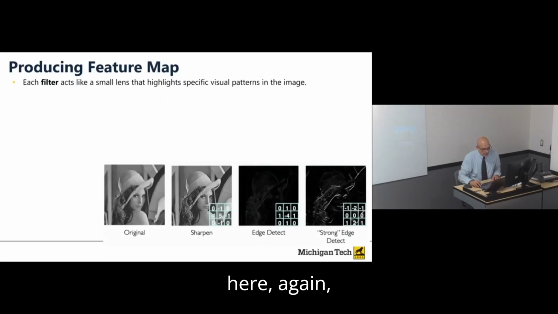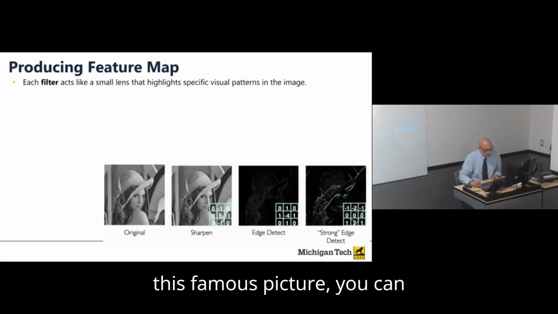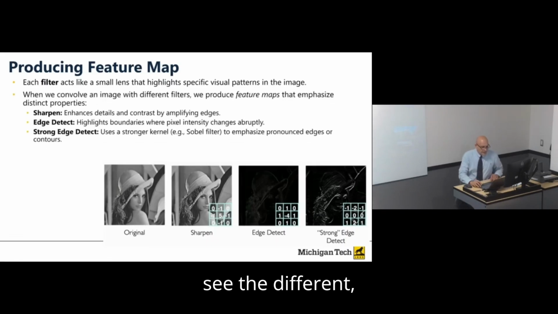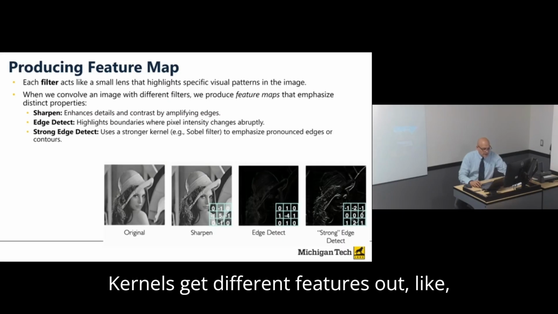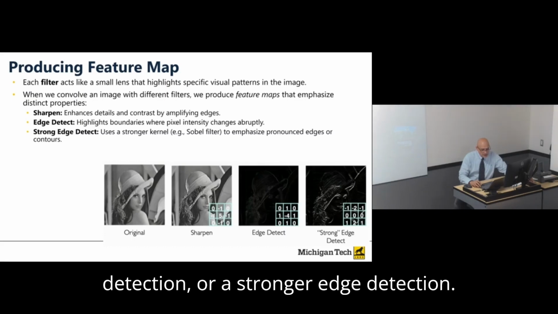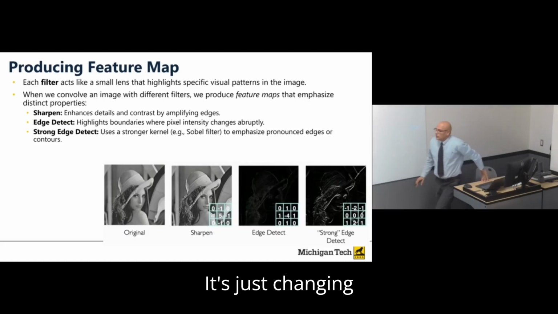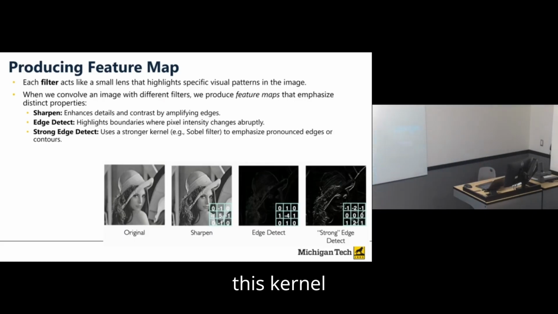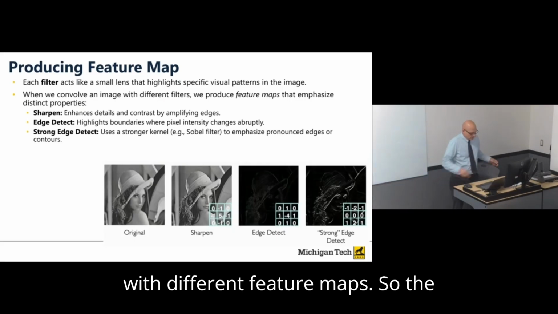Here again is this famous picture. You can see different kernels get different features out, like a sharpener or edge detection or a stronger edge detection. It's just changing the kernel, with different feature maps.